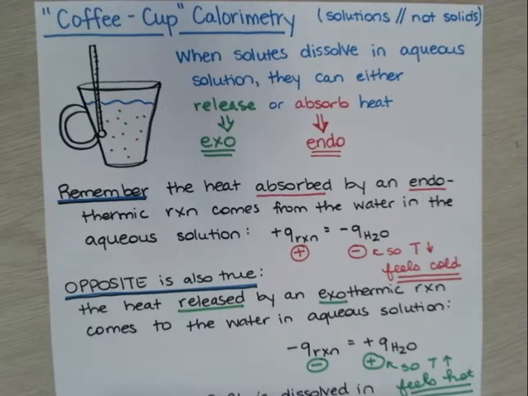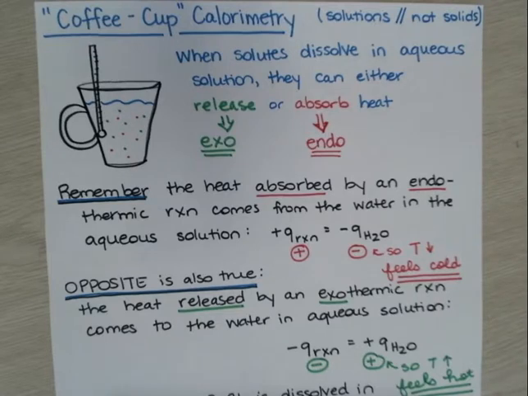Okay, so today we want to first remember that the heat absorbed by an endothermic reaction has to come from the water in the aqueous solution. So the heat, Q, of the reaction, if it's endothermic, means that it's a positive Q. But that heat has to come from somewhere. Remember the law of conservation of energy.